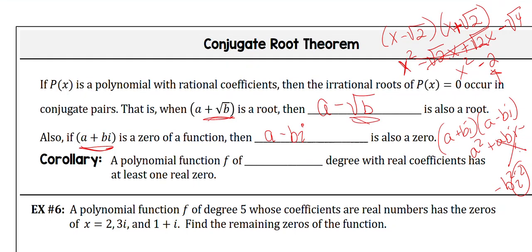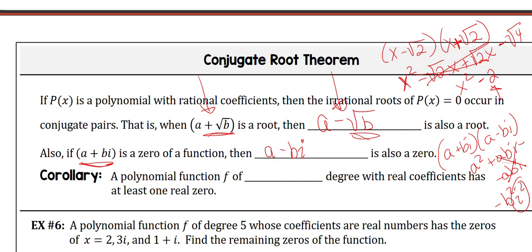That was supposed to be minus abi. Those guys are going to cancel because they're opposites. And then if you recall, i squared is just simply -1. So you end up getting rid of all those negative numbers. So again, if you see this guy, this has to exist. And the same thing happens with imaginary numbers.